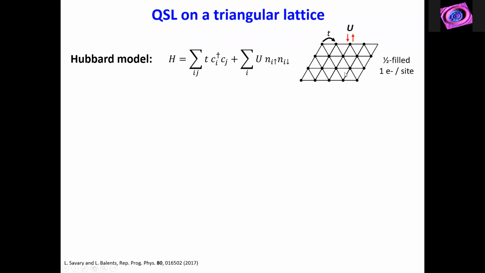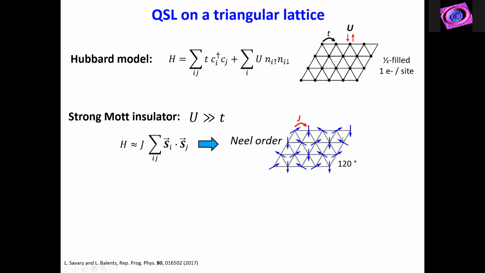If you're describing the behavior with this Hubbard model, then in the limit where U is really big, where there's a lot of Coulomb repulsion between the electrons, you get a Mott insulator. The Hubbard model can reduce approximately to this simple Heisenberg model. The electrons cannot move anywhere, they're stuck, but the spins can rotate around. Here, the ground state is actually Néel order. It's this 120-degree rotated antiferromagnetic state. And so that is not a quantum spin liquid.